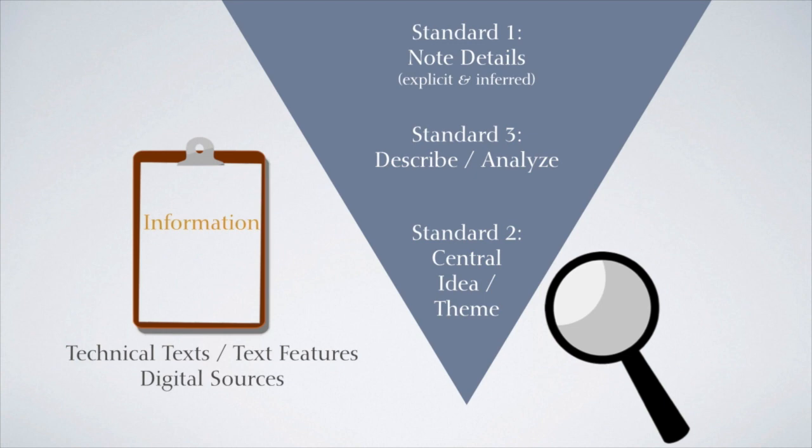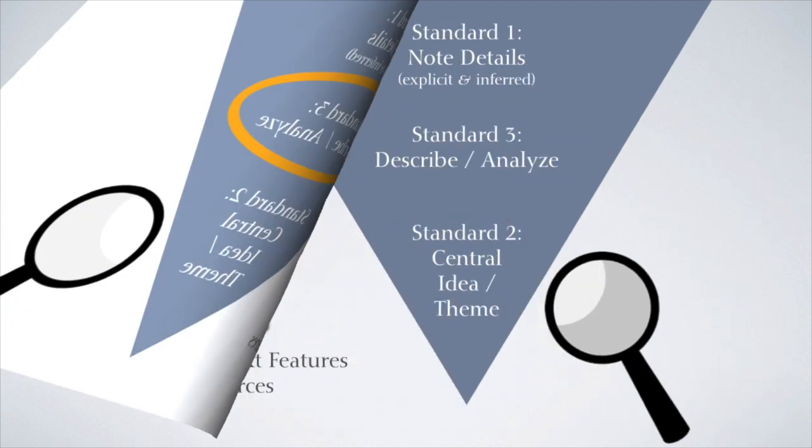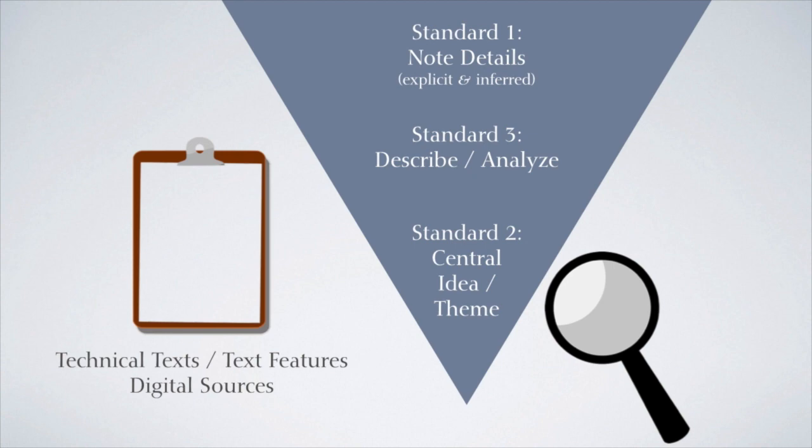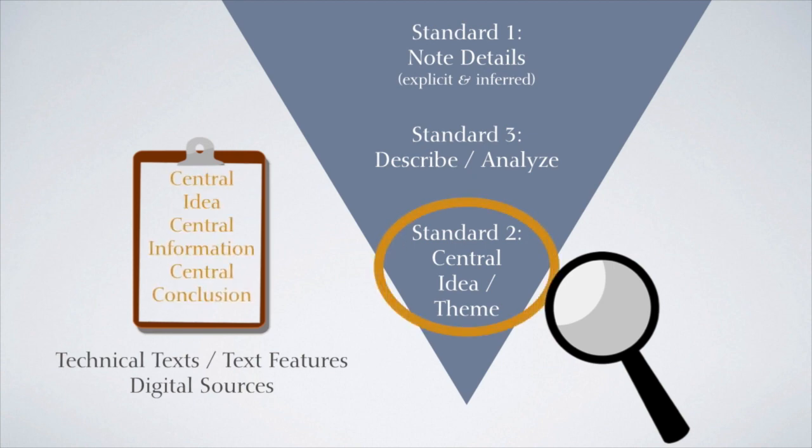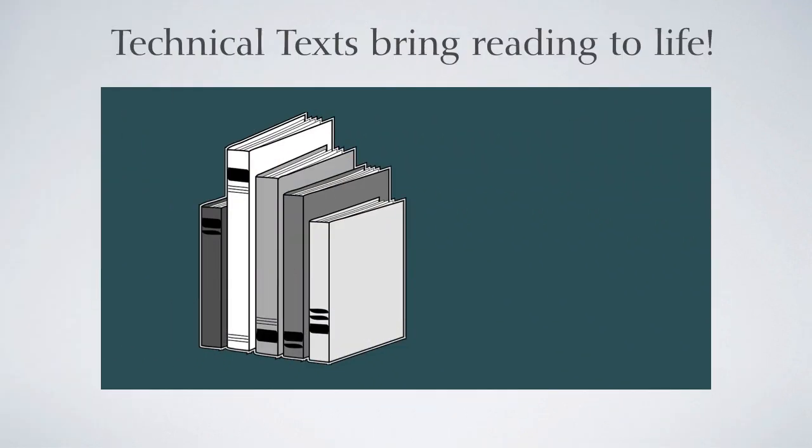They will pay attention to explicit and inferred details within that information with a goal of being able to explain and analyze the information. As students synthesize technical text, they will locate the central idea, central information, or central conclusion. The exciting thing is that these technical texts are what bring reading to life. These are the sources we look to when we have a question or we want to know more.